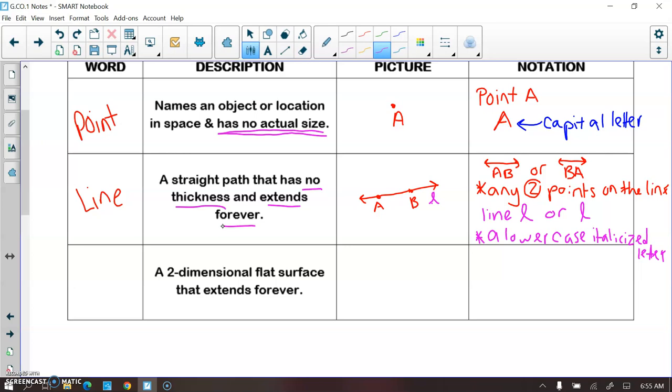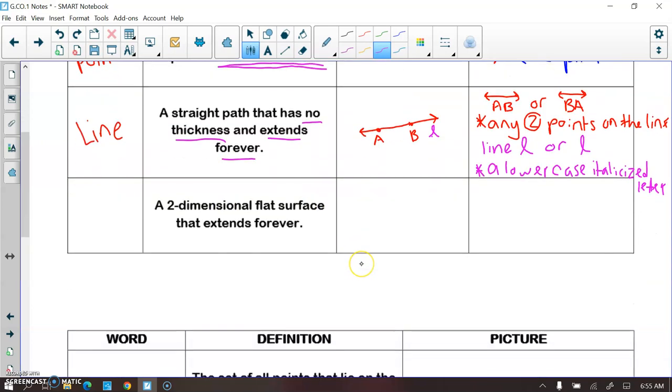They don't necessarily extend forever and ever. An example of a line in the real world would be something like a road or a ruler. While this doesn't extend forever and ever, it's still considered a line, and those have no set thickness. For example, a road is not the same width as a ruler, so that's what I mean by has no thickness. All right, and then lastly, a plane, and we're not talking about an airplane.